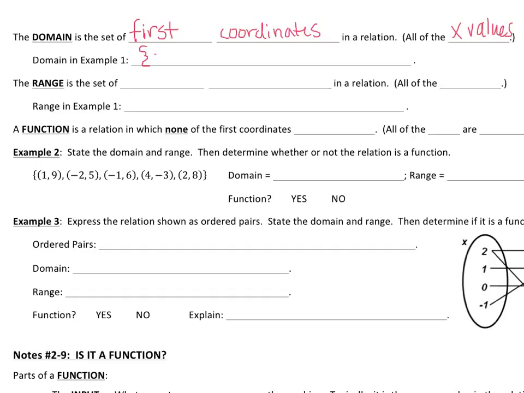It would be negative 5, negative 3, negative 2, 0, 2, 4, and 5. And a lot of times people will even put before it the capital letter D with a colon.